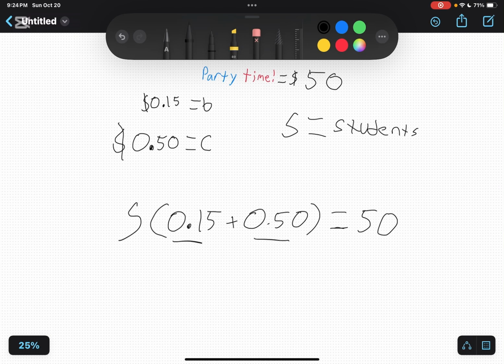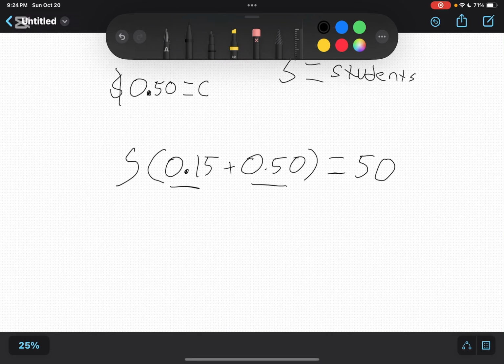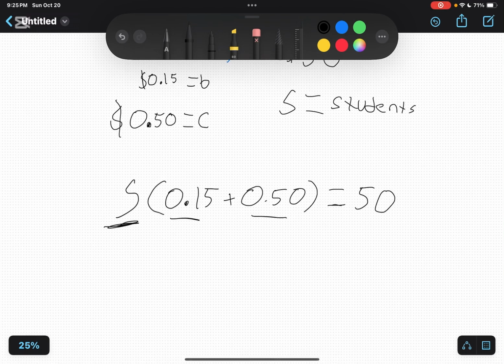So there's a few ways that we can do this. I think the best way is the distributive property. What the distributive property basically states is that if a variable or a number of any sort is outside of the parentheses and there are things within the parentheses, that number will multiply and affect each number within the parentheses.